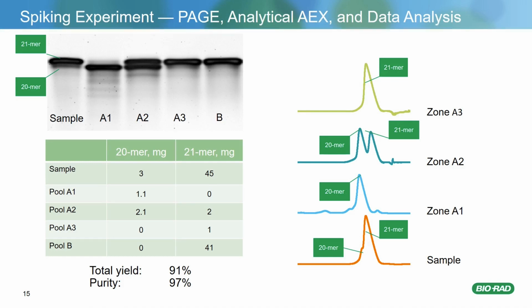Pool A2 had 2.1 of the 20 mer and 2 mgs of the 21 mer. A3 had no 20 mer, it was all removed by A2. And pool B, which is the main fraction of the 21 mer, had 41 mgs. So this resulted in a total yield of 91% and a purity of 97%. Now this is referring to the 21 mer, but it does show the ability of the HP-Q to separate the 20 mer from the 21 mer.